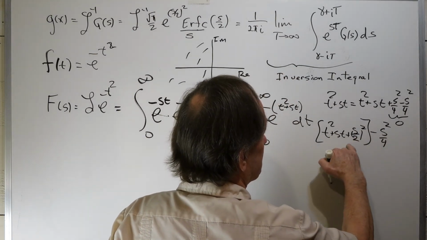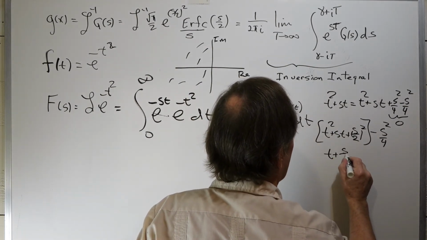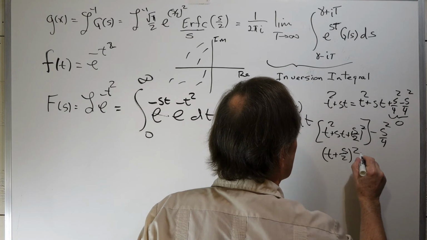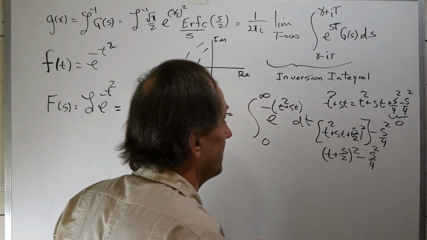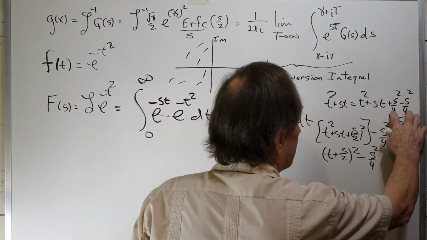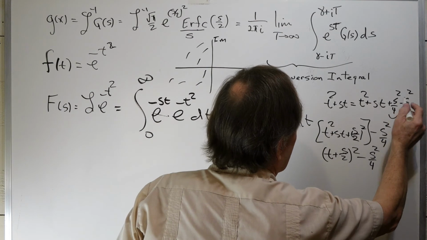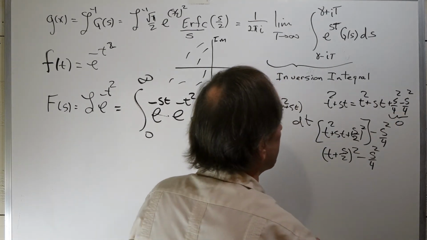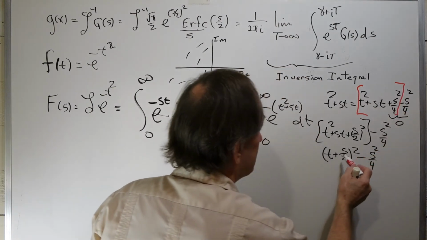Well, this is a perfect square. This is t plus s over 2 quantity squared, and then minus s squared over 4. I just completed the square. I added and subtracted s squared over 4 so that I could take this portion here as a perfect square. And that's what I have here.